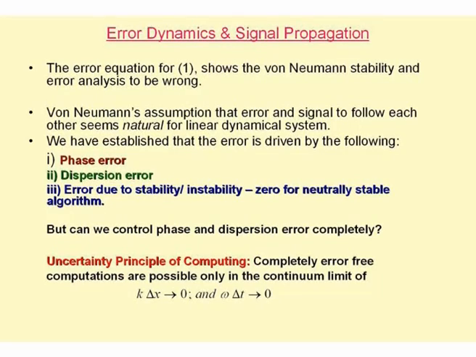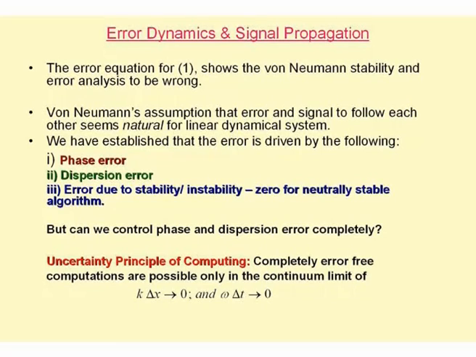This is a question that we should ask ourselves: can we really get rid of phase and dispersion error? I have a pessimistic message for all of you: no. And that is what we coined this term: the uncertainty principle of computing.